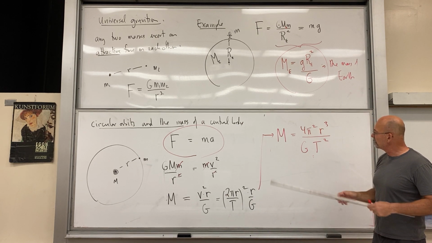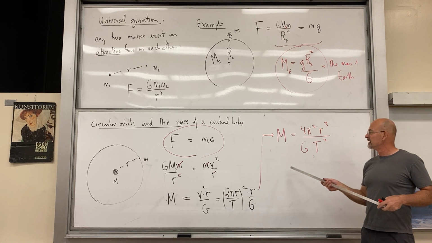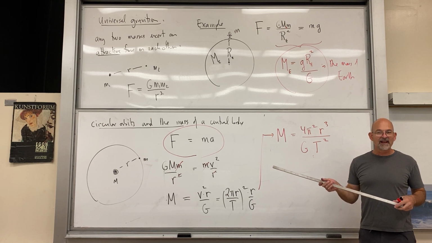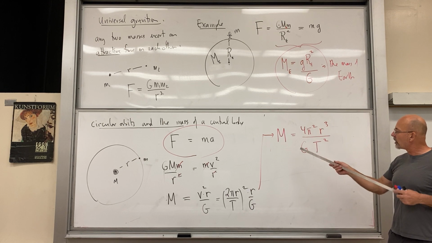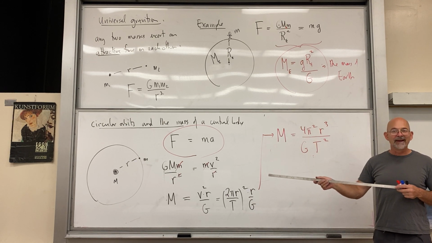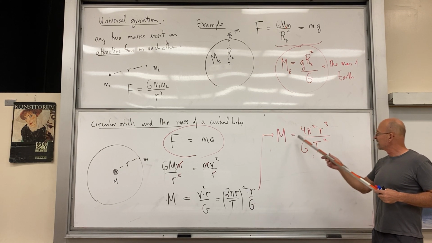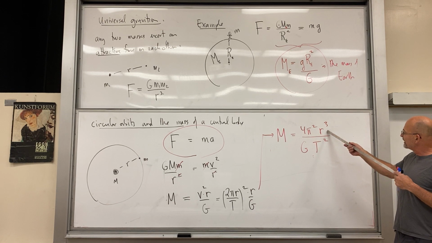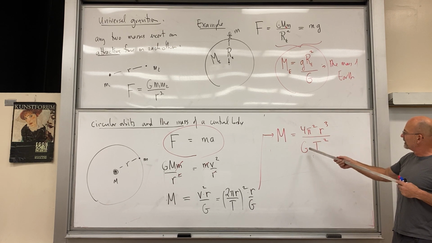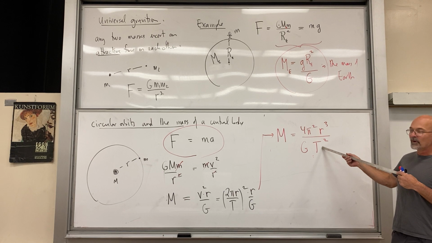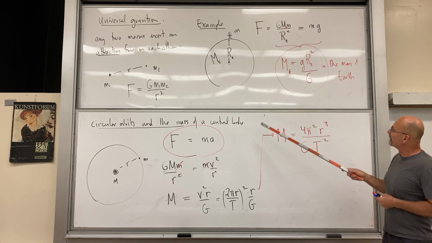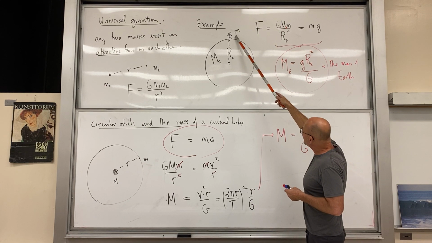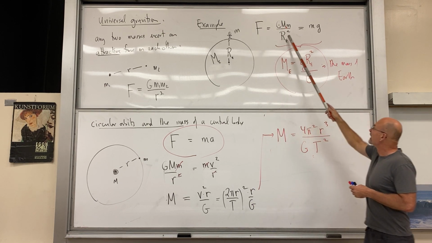So what we do now is send an orbiting satellite to a planet and take these data, or the planet, say Jupiter, has many moons around it, and so that's the radius of one of the orbits of a moon, and that's the period of its orbit. That'll give us the mass of the central body. So we got the mass of a central body just by standing on top, right here.